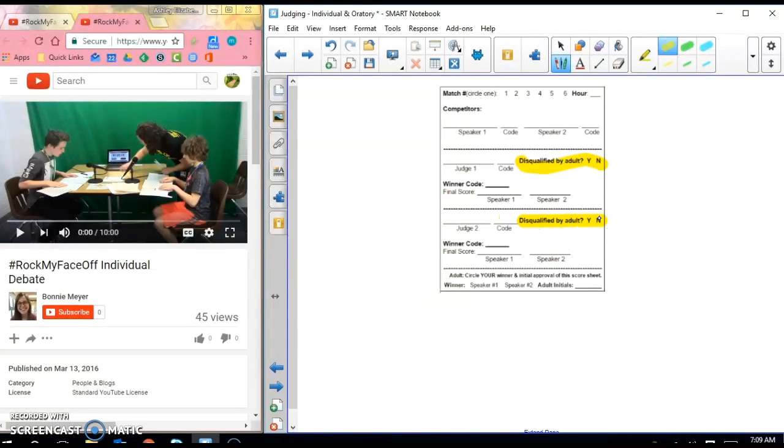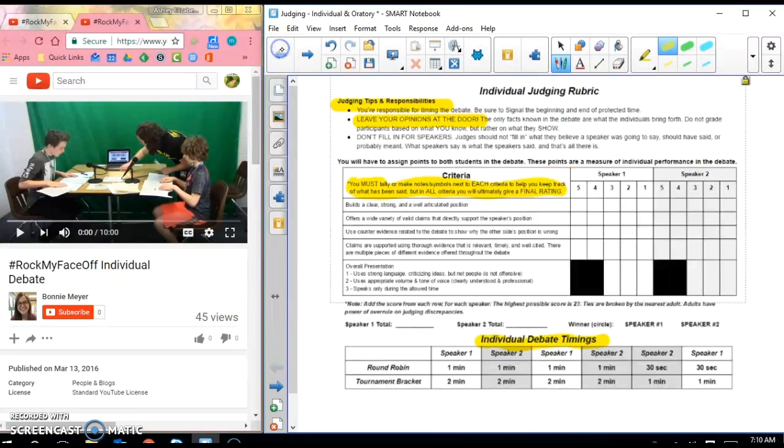If you get disqualified, not only does your vote not count for the current round, but you will also be given a packet and removed from the tournament completely, because we want to make sure that people who are participating are actually participating and being professionals. So those are good things to know before you get started.